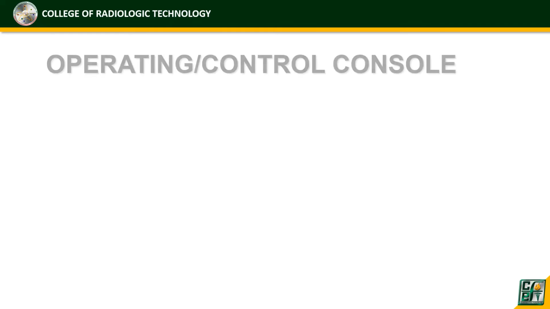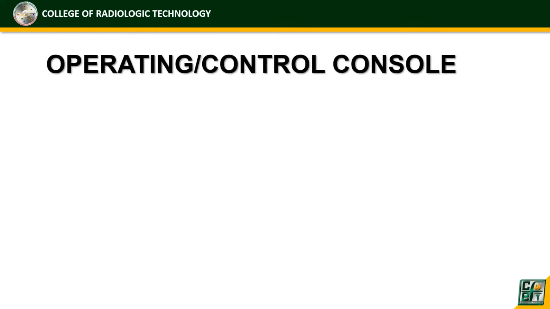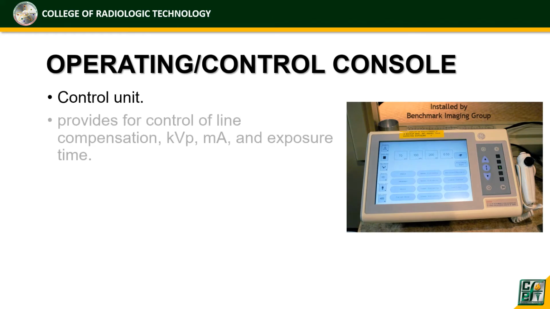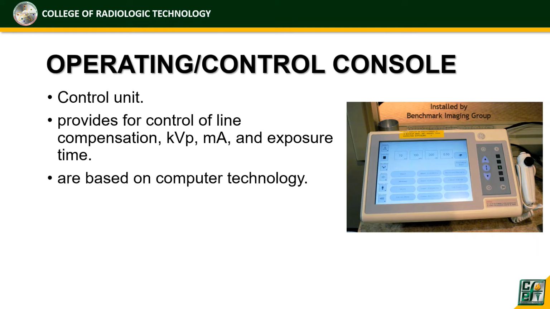So again, what is the operating console? Yes, it is the control unit and provides control of the line compensation, the kilovoltage peak, the milliampere, and the exposure time. And they are based on computer technology.